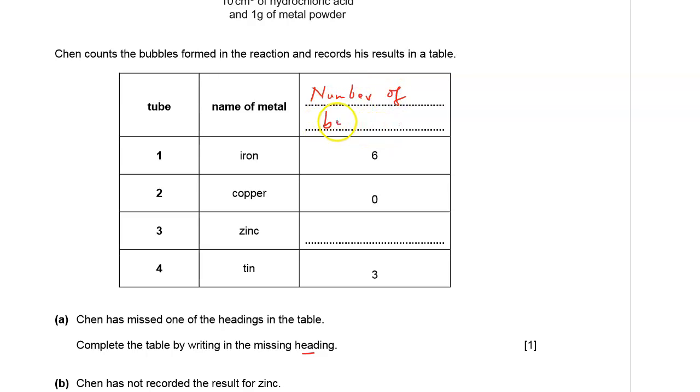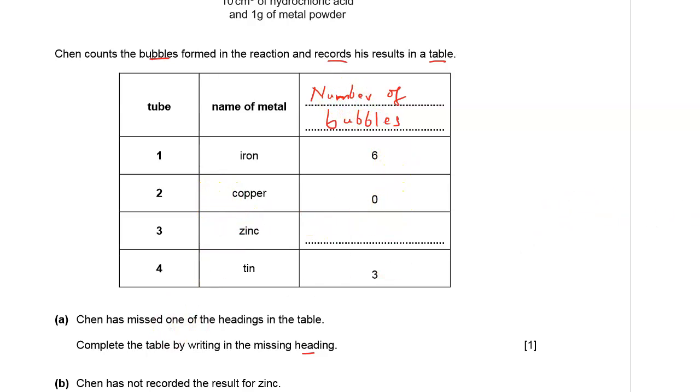Because Chen is counting the bubbles and recording them in the table. So that was missing, this number of bubbles.